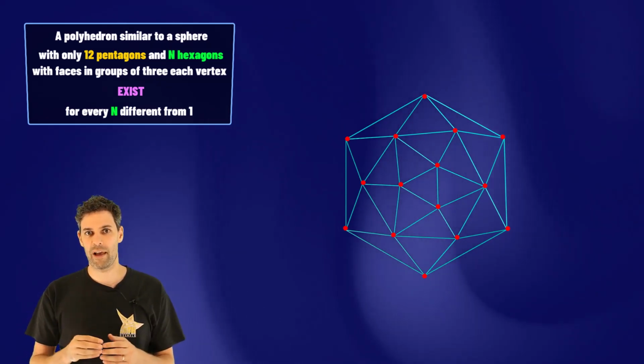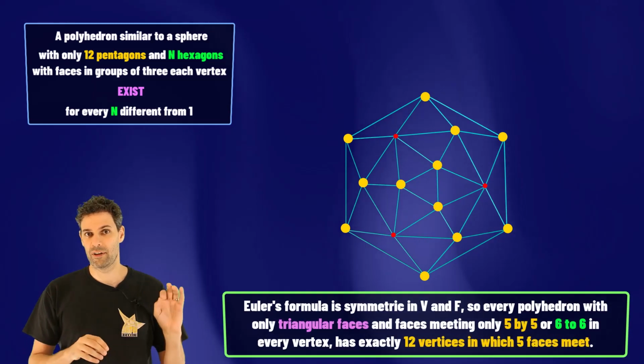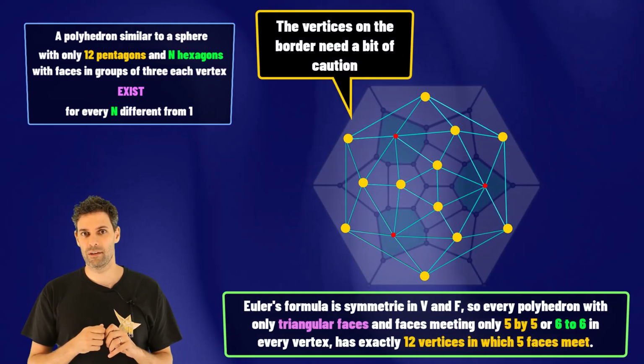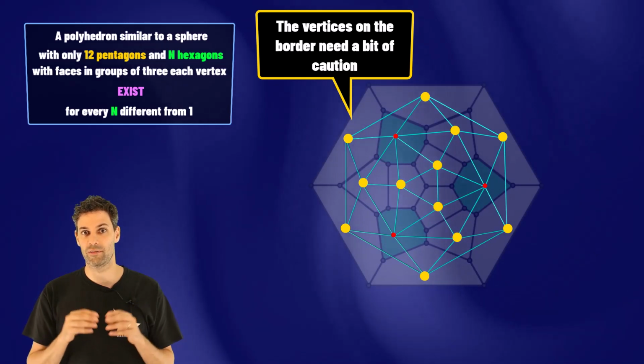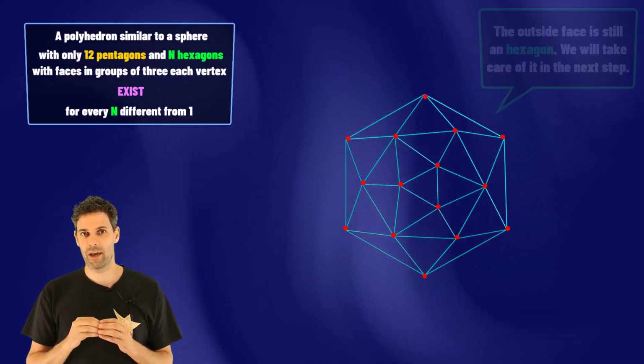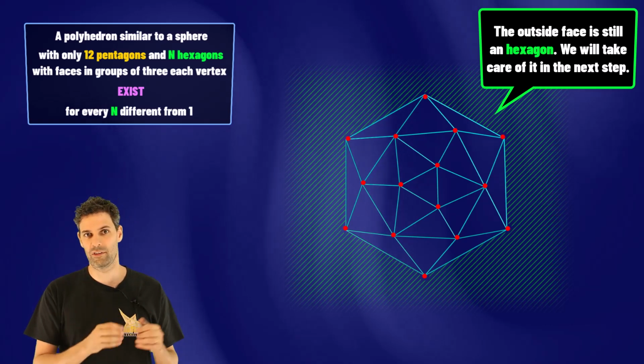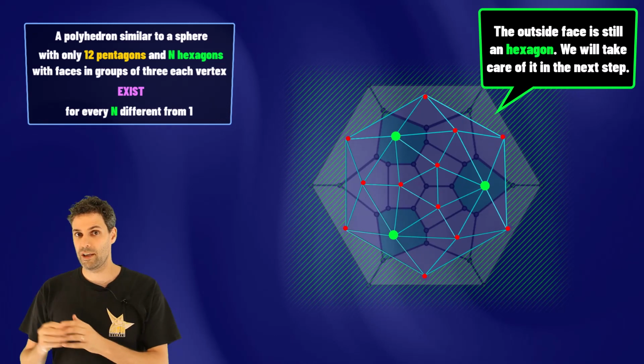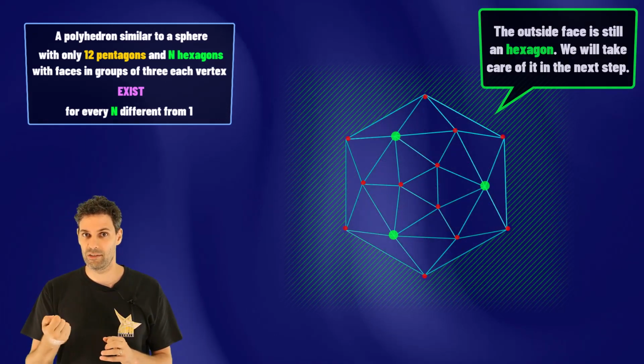Now you have exactly 12 vertices with 5 nearby faces, and these 12 vertices were the centers of the 12 original pentagons, and the same holds for the hexagons, which now are represented by a vertex with 6 nearby faces.